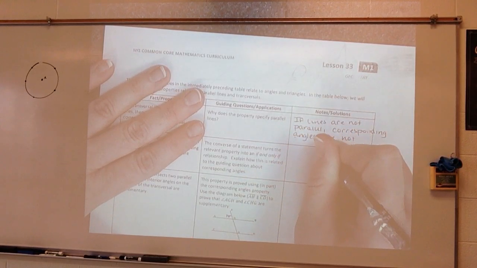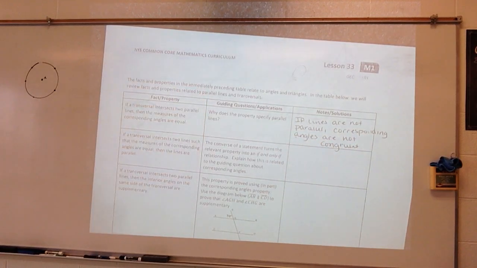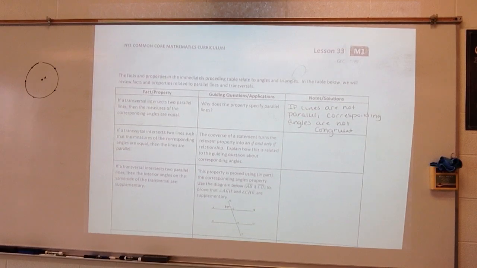Okay? So it has to specifically tell me that they are parallel lines. I can have corresponding angles, but if the lines are not parallel, then they are not congruent.